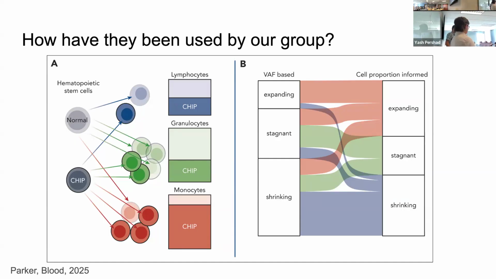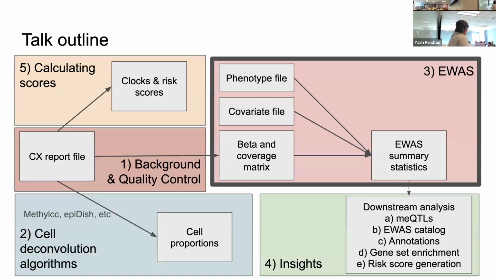So this is a somewhat clinical translational application of using methylation to estimate cell types to improve somatic variant interpretation. And we can see whether your clone was shrinking, growing, or stagnant changed if you actually paid attention to the cell proportions, which was a cool result.